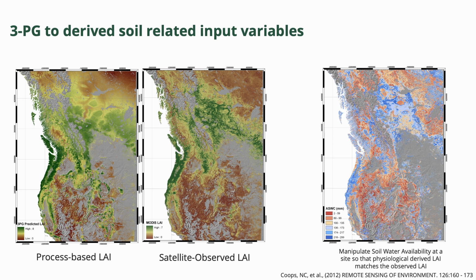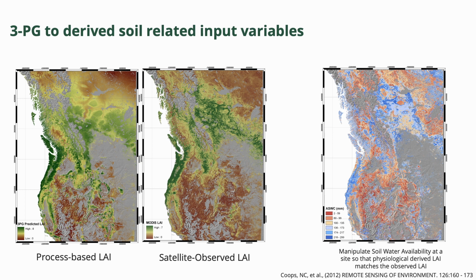Here you can see on the left-hand side a prediction of the leaf area index over all of the Pacific Northwest of North America from 3PG. In the middle, we can see satellite observed leaf area index. So the 3PG estimate is what the landscape could produce given long-term climate and information. And on the right-hand side, it's what it actually is as observed from space.